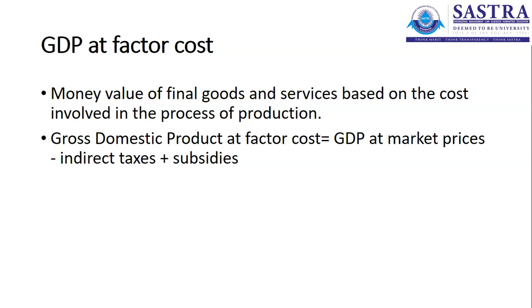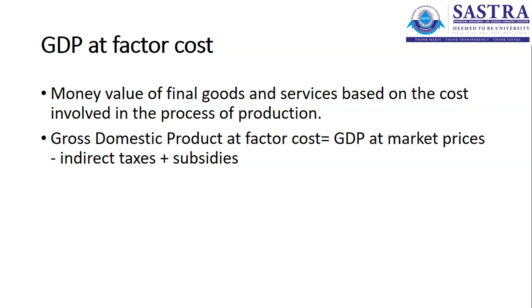At that cost we calculate, and that is the reason we subtract the indirect taxes. Still, the government subsidy is also given to people who are underprivileged or getting a benefit from the government, so we still take that into the calculation of factor cost.